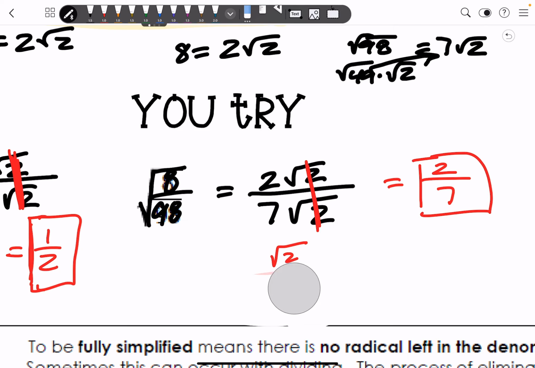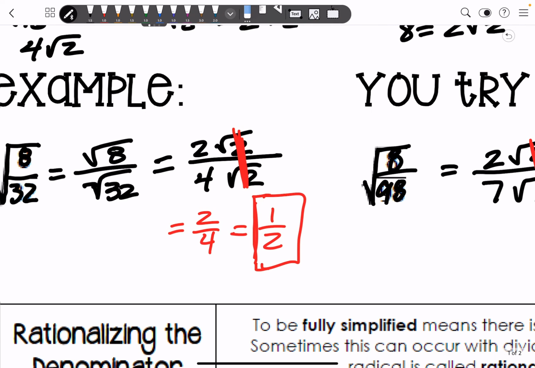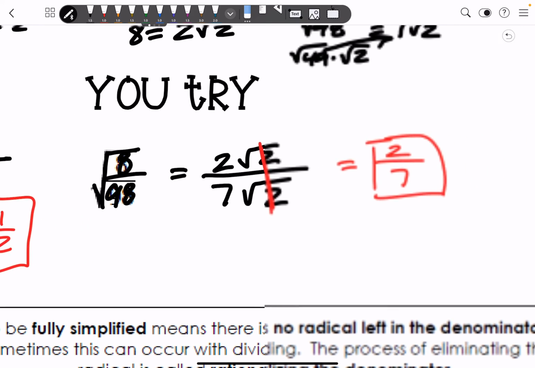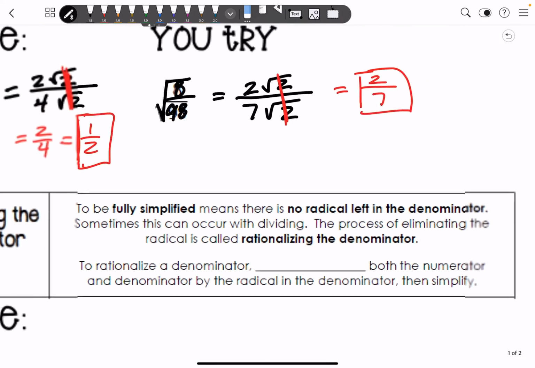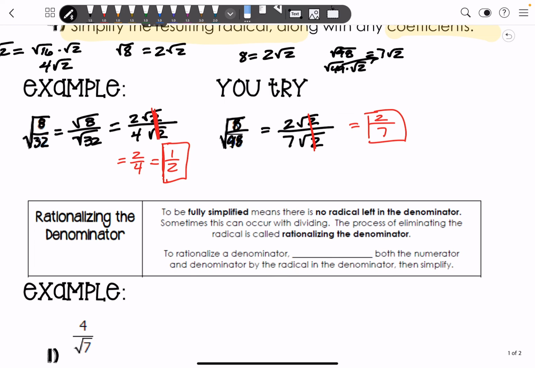We don't like it on the bottom. So if it can't be simplified and the radical can't be removed, like it was here and here, then we do something called rationalizing the denominator. So pretty much, to be fully simplified means there is no radical left in the denominator.